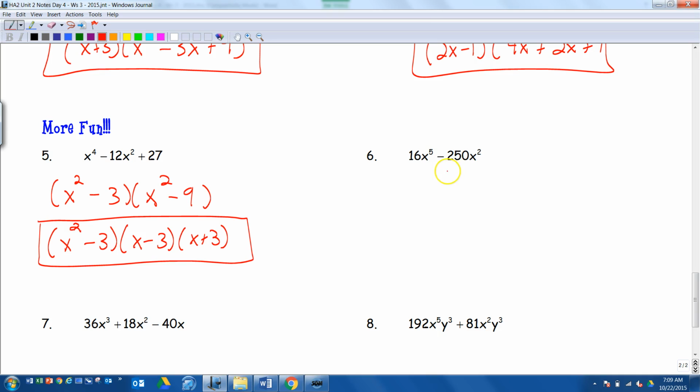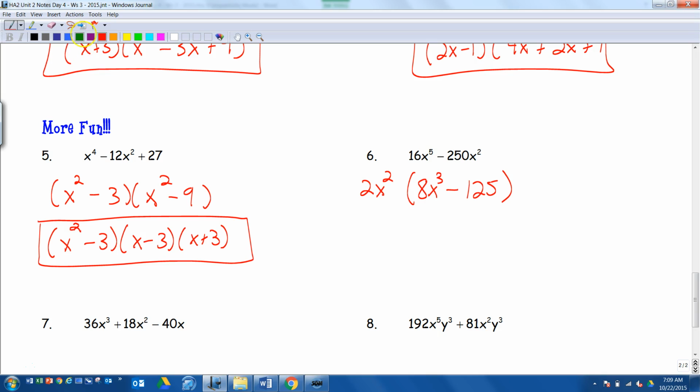Here, we look for a GCF to pull out first. I can pull x squared out, and it looks like a 2 out. And now some of you guys would be like, oh, I'm done.